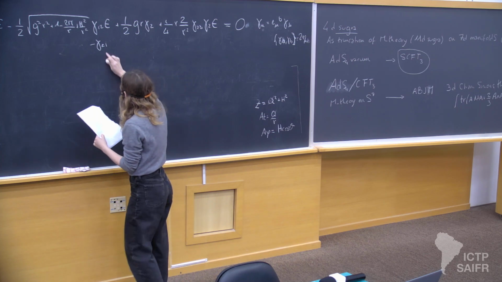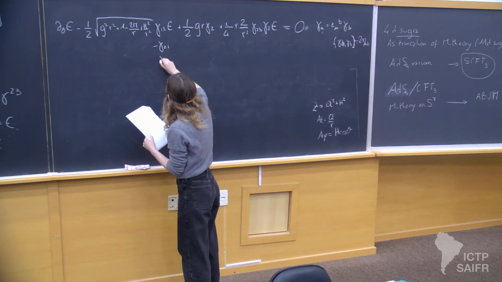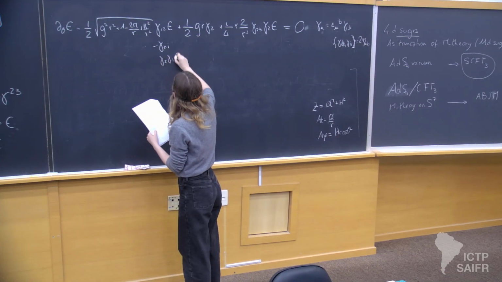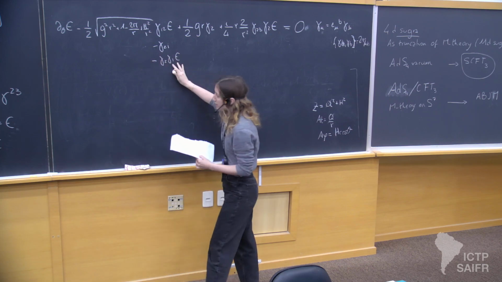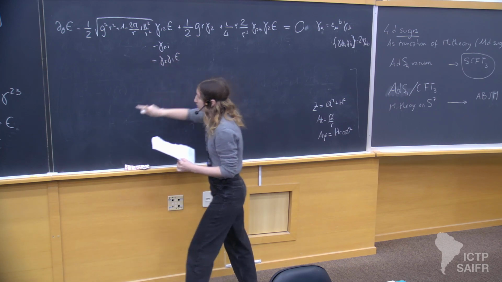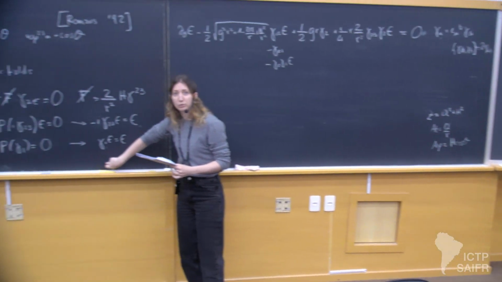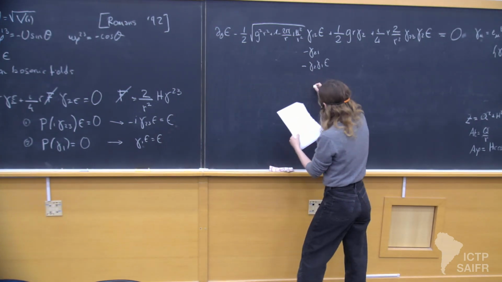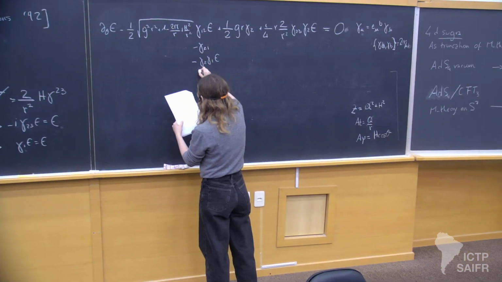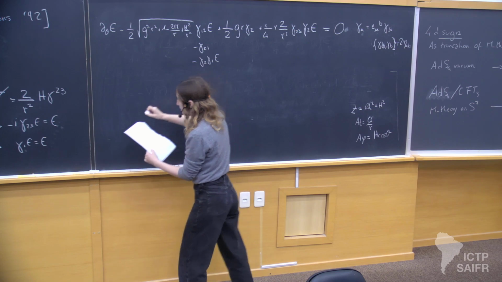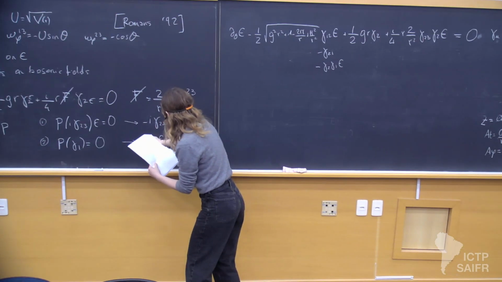So for this one, this is like having gamma 2, gamma 1 epsilon, so this is again with a minus sign, but we know that gamma 1 epsilon is equal to epsilon. So we use this condition here, sorry, I think I missed a minus sign, okay, it's like here.